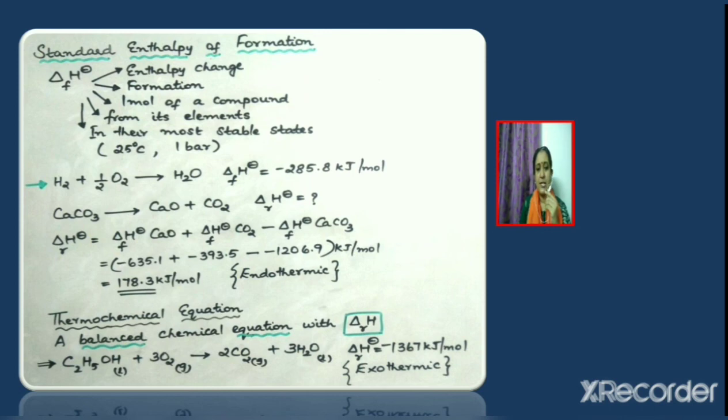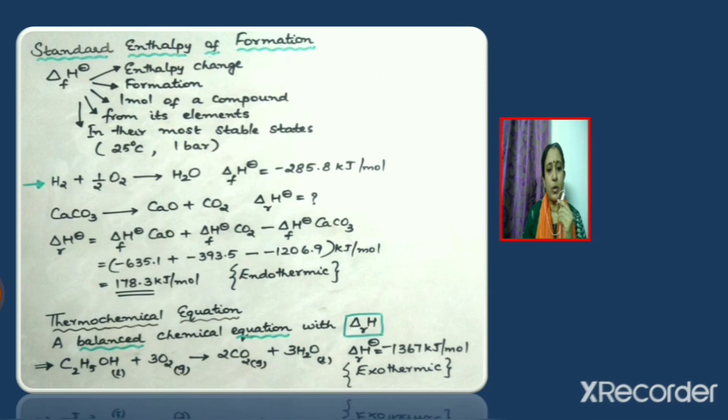If we know these values, we can get the standard enthalpy of reaction. It can be calculated as equal to 178.3 kilojoules per mole. Note that here delta H naught R is positive. The positive sign shows that energy is absorbed, or decomposition of calcium carbonate is an endothermic process.